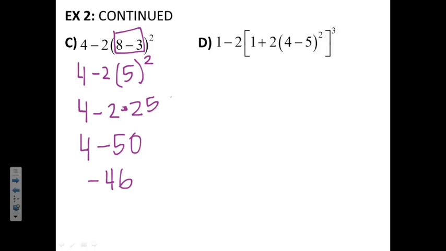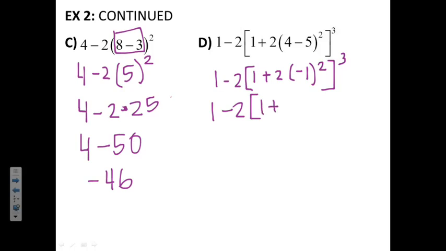On our last one, I made this really complicated. We're going to go ahead and start inside the parentheses that's inside the bracket. So we have 1 plus 2, and 4 minus 5 is negative 1. We're going to still work inside that bracket, and we're going to take this negative 1 and square it because it has an exponent. So negative 1 squared is 1.